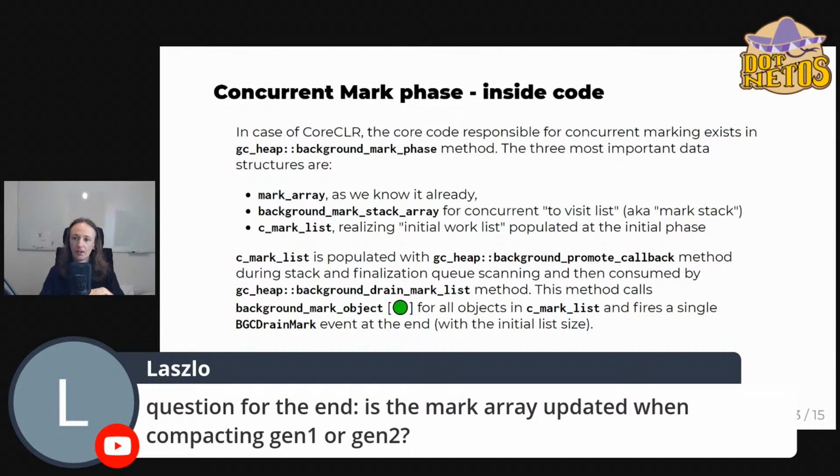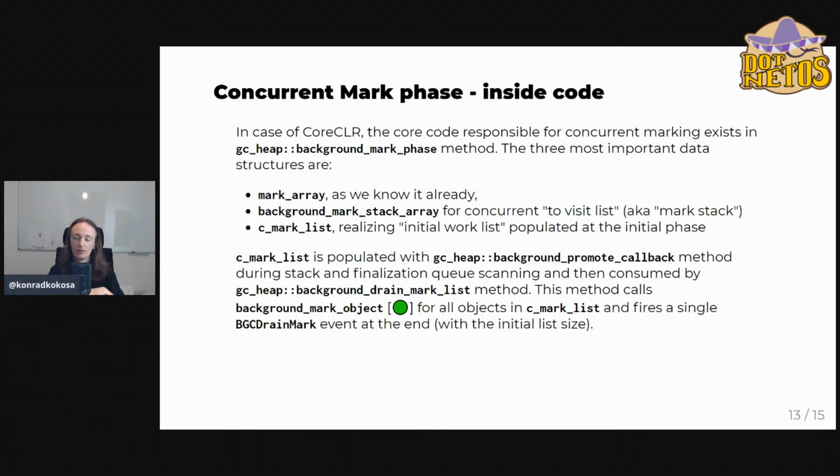This is the same story as in the case of non-concurrent GC. The mark bit is cleared after the planning phase. So in the end, after the GC, the mark bit is cleared and we don't know what is reachable again. We need another GC, we need another mark phase to discover that. I hope it answered your question, Laszlo.